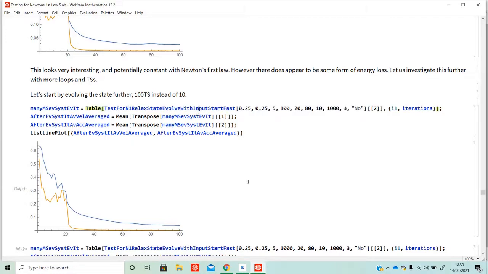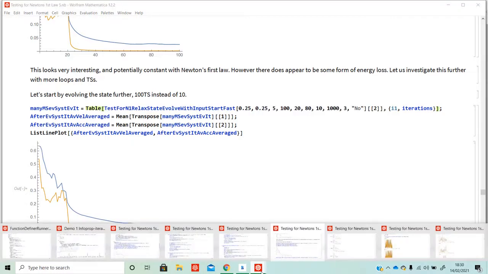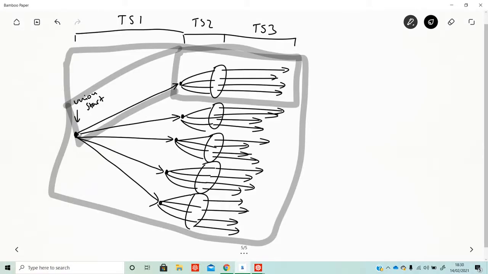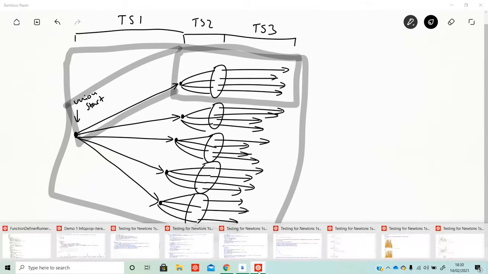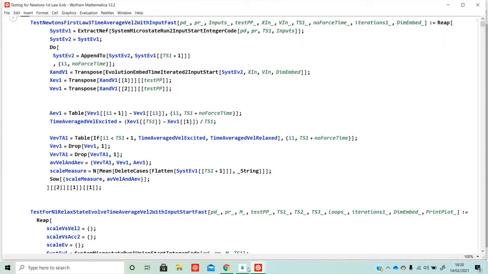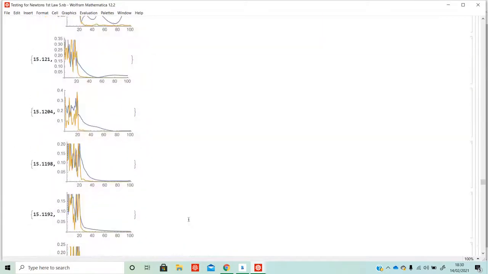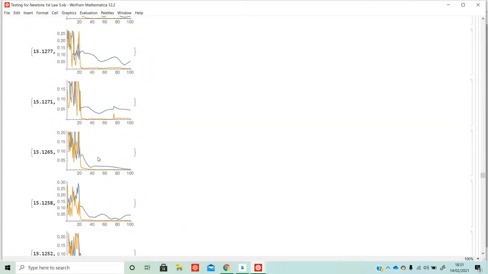So this is where we start including multiple initial microstate runs. This is where we start including the whole picture instead of just one microstate run. This is the reason behind why we were getting such weird answers before. It was because each one of these graphs we had done only one microstate run, and then we input the result of that microstate run as the input for the Monte Carlo loop.